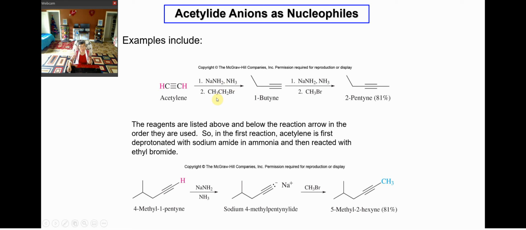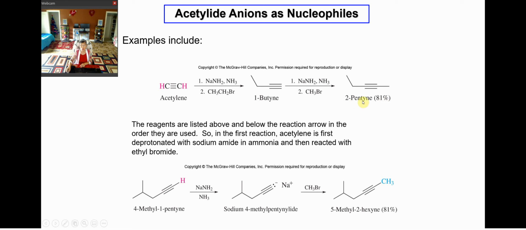This alkylation allows you to add CH2CH3 to your terminal carbon. Therefore, you form a butyne. Similarly, you add one more carbon under sodium amide in liquid ammonia. You add methyl bromide. Therefore, the second terminal carbon will be bonded with your methyl group. This reaction gives you a very high product yield.